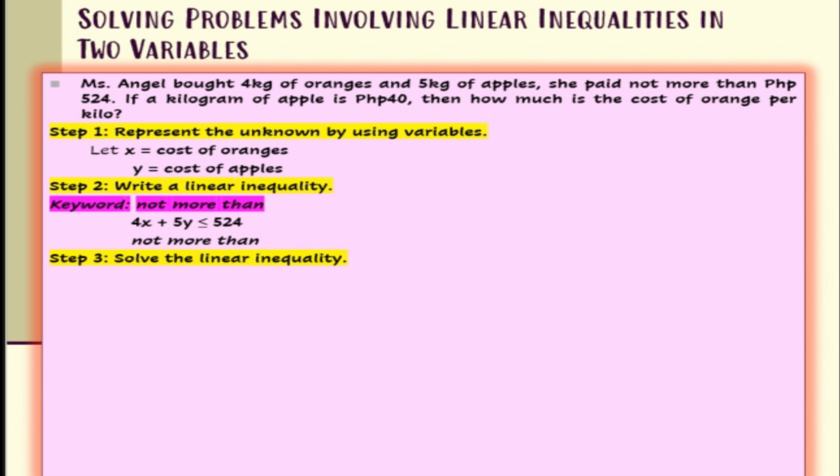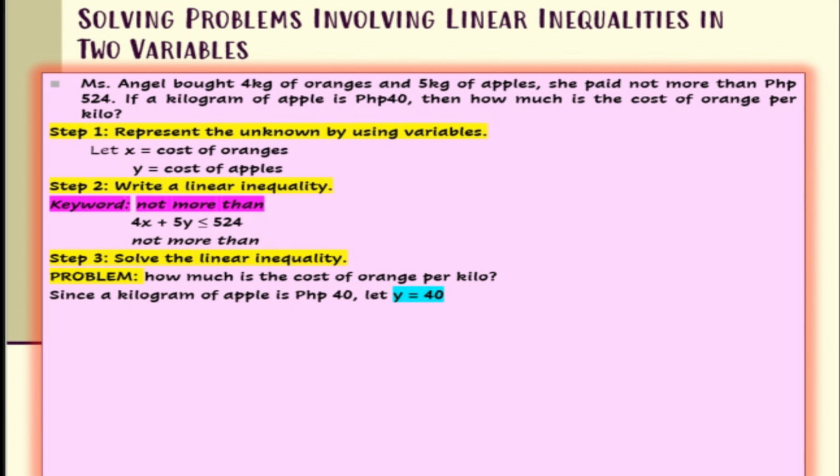Step 3. Solve the linear inequality. The problem is how much is the cost of orange per kilo. Since a kilogram of apple is 40 pesos, let y is equal to 40. It is 4x + 5y ≤ 524.